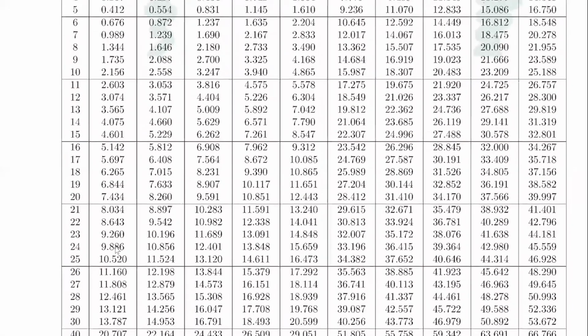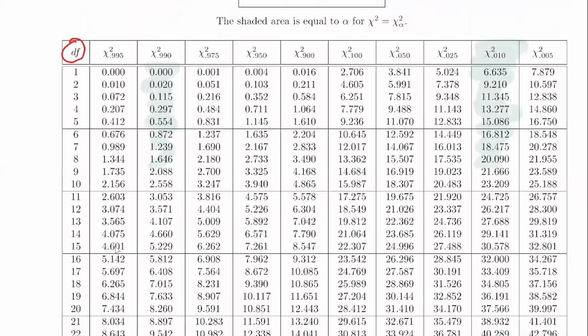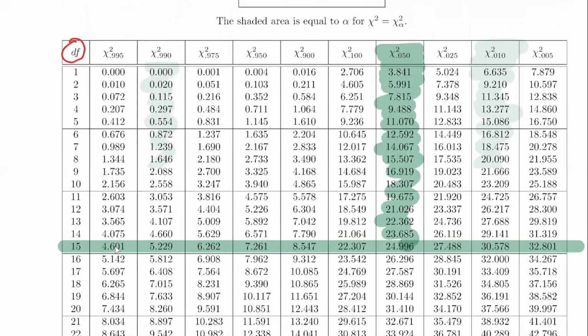All right, so first we're going to choose 15. So 15 is here. And then 0.05 is here. If you look at where they intersect, they intersect at 24.996.